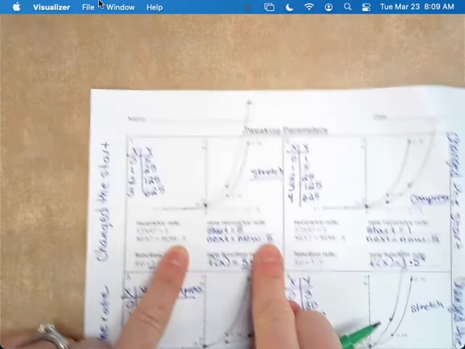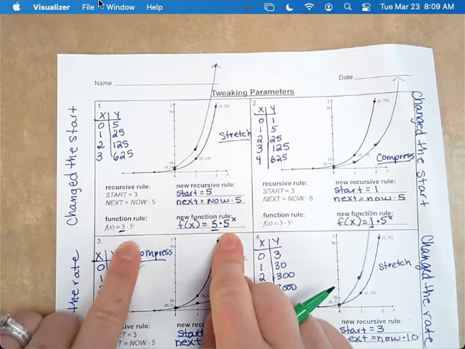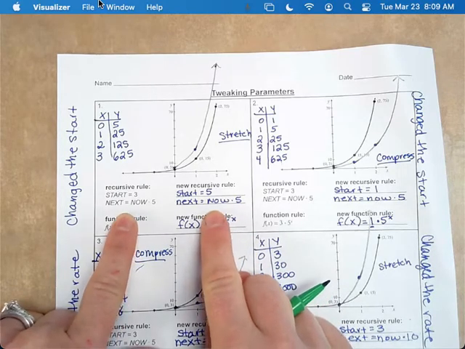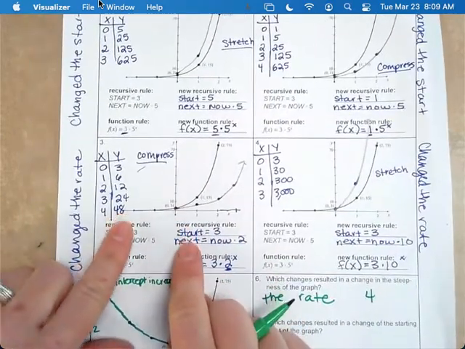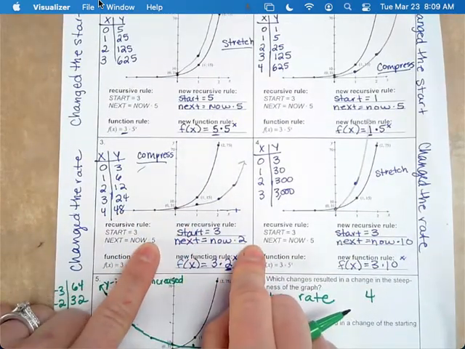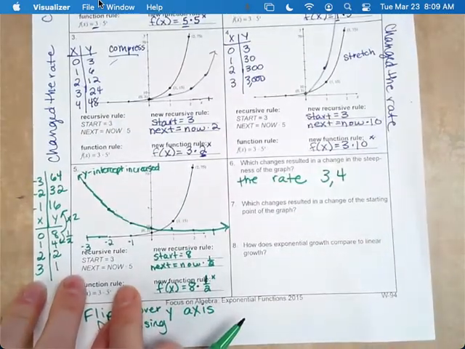1 is the same. It's in your now times something. So this one changed the start. See how this one was 5 and now it's 2. So 3, 4, and also the one that we just did, number 5.